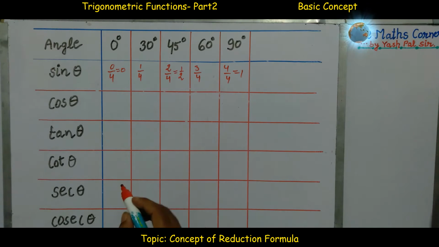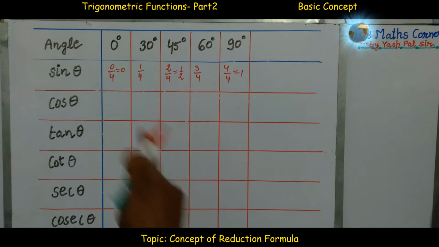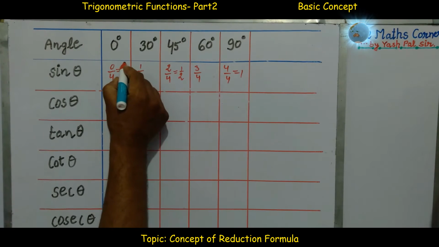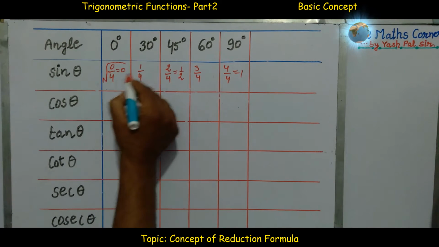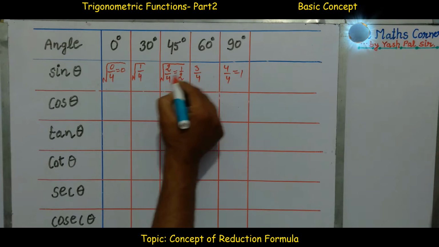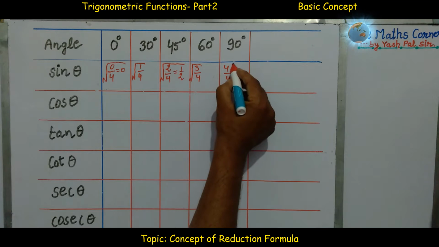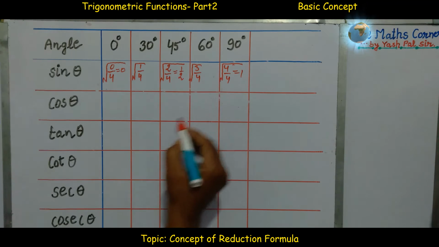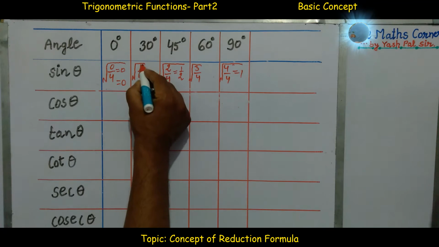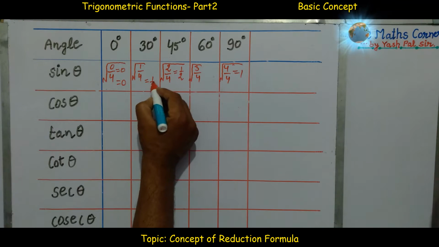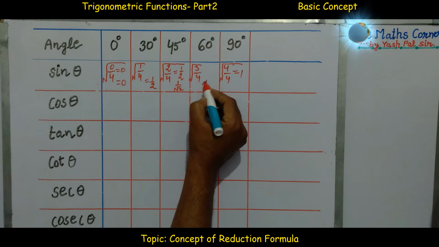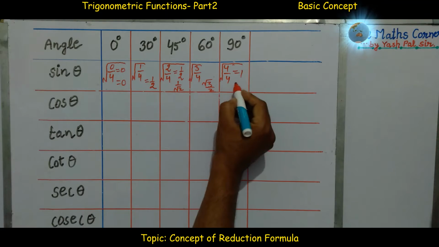Next we take the square root of each resulting number, that is we insert the square root symbol. Then square root of 0 is again 0, 1 upon 2, 1 upon square root 2, square root 3 upon 2, and 1.